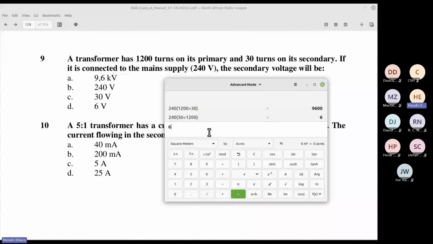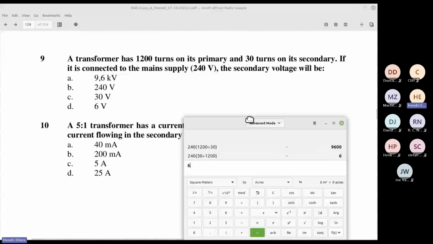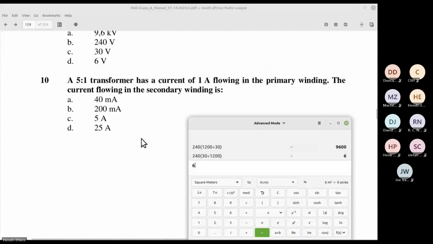Right, so we got to 6 volts there. That's good. And then we've got a 5-to-1 transformer that has a current of 1 amp flowing in the primary winding, and the current flowing out the secondary winding would be 5 amps.